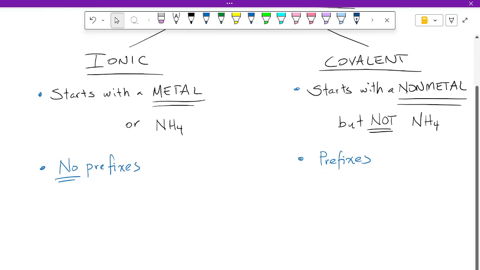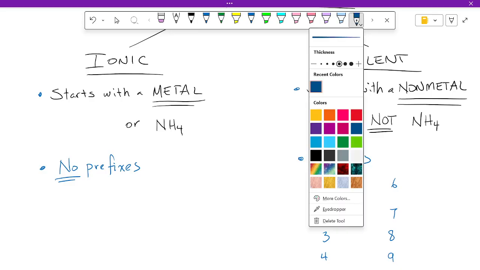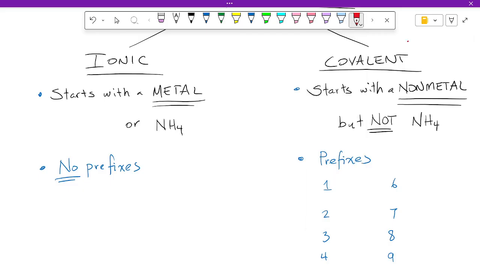And could you please write down your prefixes for 1, 2, 3, 4, 5, 6, 7, 8, 9, 10 to remind yourself of what those are.